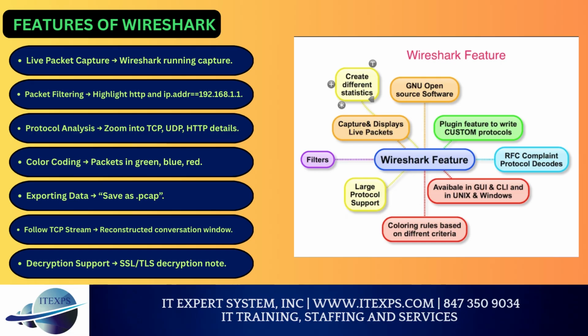Use filters like HTTP or IP address 192.168.1.1 to zoom in on exactly what you need. Protocol analysis. It supports hundreds of protocols, from TCP and UDP, to HTTP, DNS, and even encrypted ones like SSL or TLS. Color coding. Packets are automatically highlighted with different colors so you can quickly identify what is what.